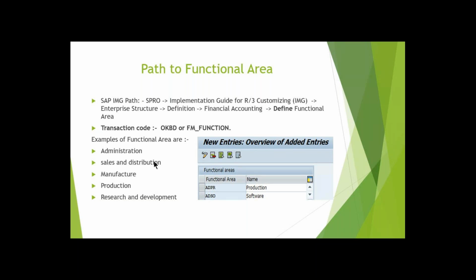These are the basic expenditures or basic incomes within the general ledger transaction, and whatever I do should be under the administration. Now sales or distribution I do, it should be under sales and distribution. Means the code which you will be creating will be stored under that particular area only.